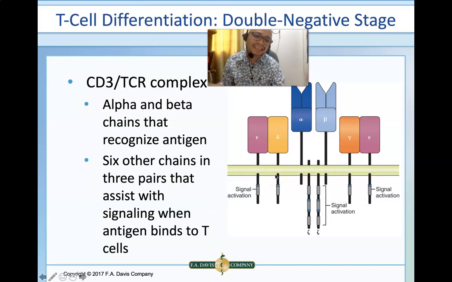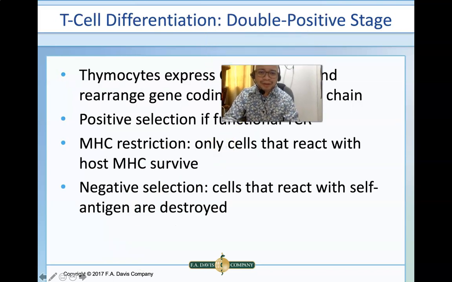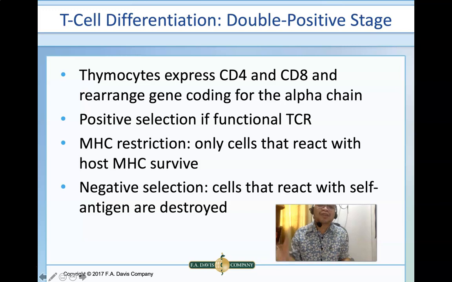So what are these other chains? We have the epsilon, we have the delta, we have the gamma, and then we have another epsilon chain. Take note that the gamma and the delta chains here actually differ when it comes to CD4 and CD8. So, a while ago, we talked about the double negative state, that some of the thymocytes express to become positive.